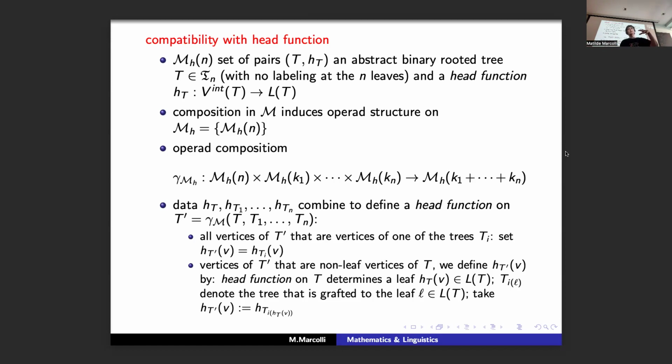So if you assume that the trees you're dealing with come together with the choice of a head function. A head function is, say, one thing that selects a leaf from wherever you are inside the tree, with the rule that if the head of the larger tree goes into the subtree, then it has to agree with the head of the smaller tree.